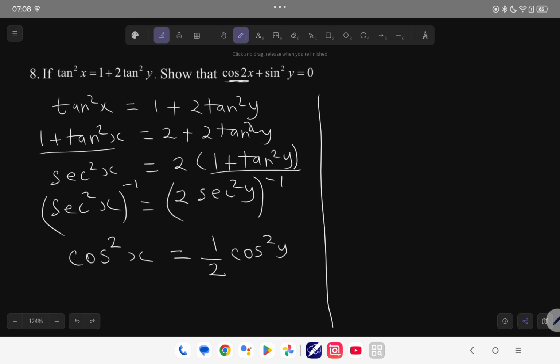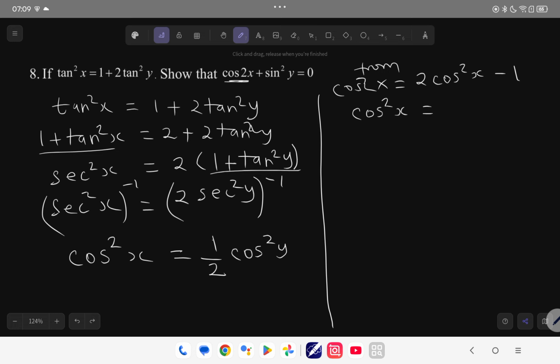Now, when you go back to cos 2x, this is just from cos 2x is equal to 2 cos squared x minus 1. We can see from here, you can pause the video and make it subject.